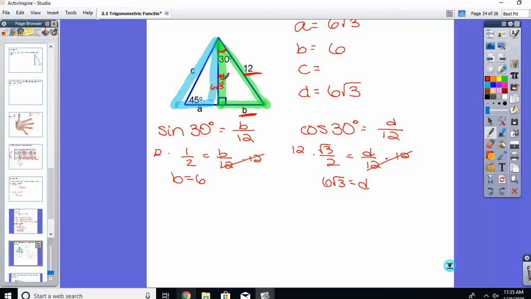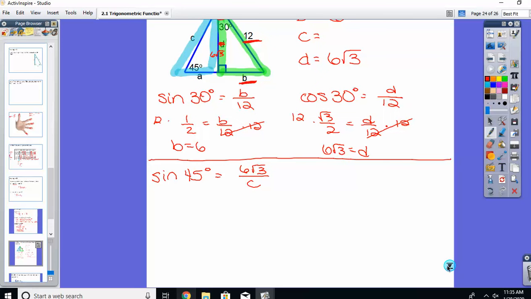If I use this side over here, that's opposite. C is my hypotenuse. So what trig function would that be? So I could say the sine of 45 degrees equals my opposite side, which is 6 radical 3, over my hypotenuse, which is C. Sine of 45, fold in your 45. Sine is the square root of the top over 2, so square root of 2 over 2.